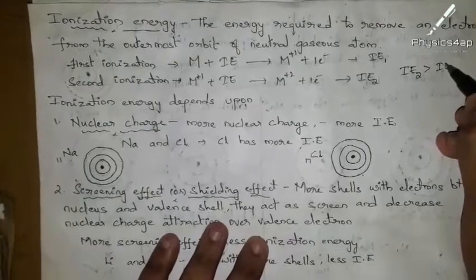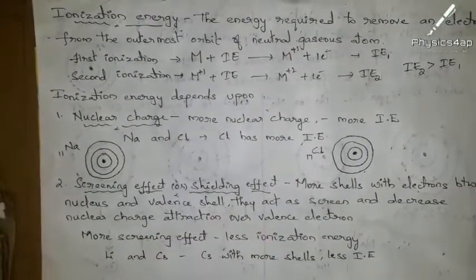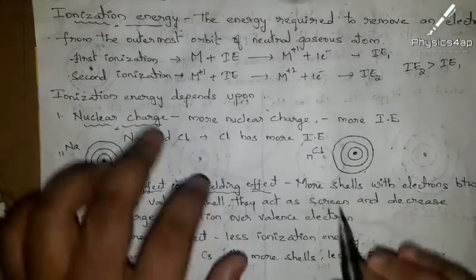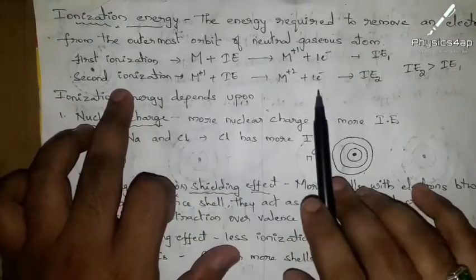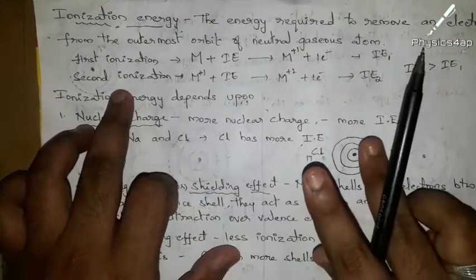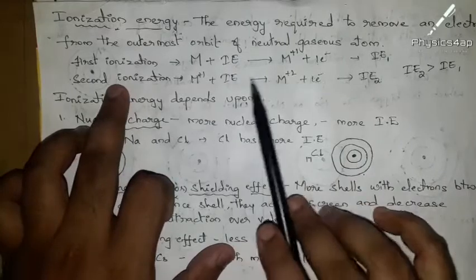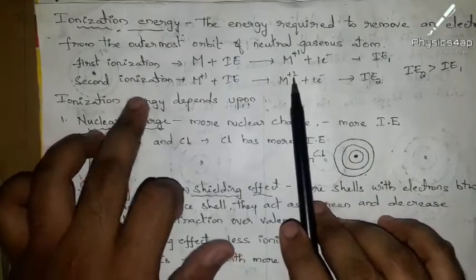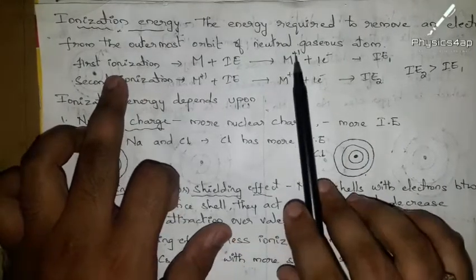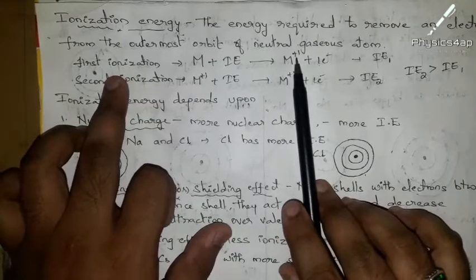Clear? Why? Because in the second ionization energy we need to remove a total of 2 electrons, when in the first ionization energy only 1 electron has to be removed. So the second ionization energy is more when compared to the first.